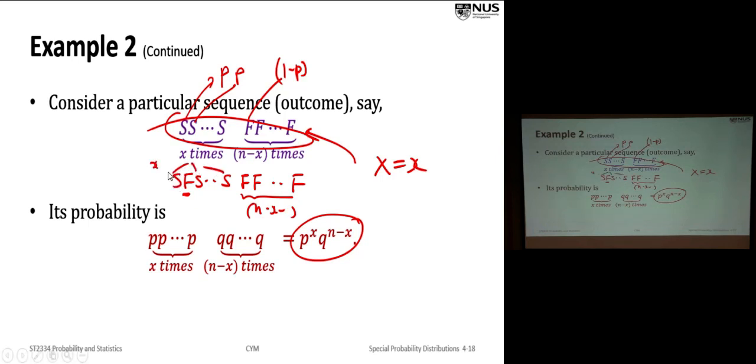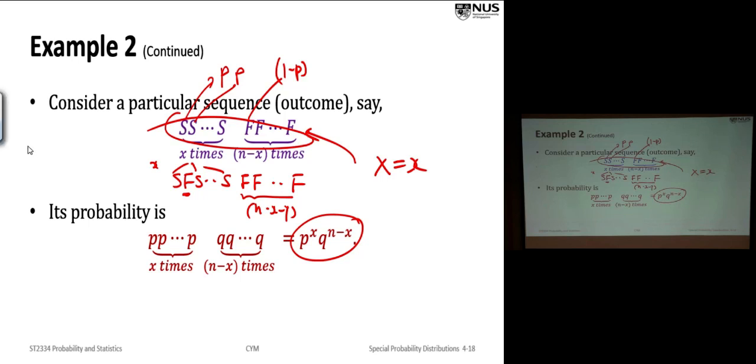So this sequence also has probability p to power x times 1 minus p to power n minus x. This also gives me x successes.